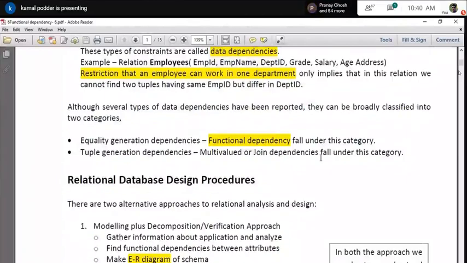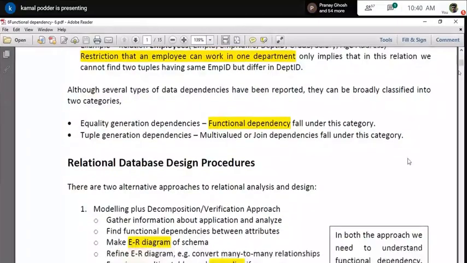In this chapter, we are going to discuss functional dependency, which is another type of constraint and is also implemented with the help of different types of integrity constraints. Although several types of data dependency have been reported, they may be broadly classified into two categories: the equality generating dependency and the tuple generating dependency.